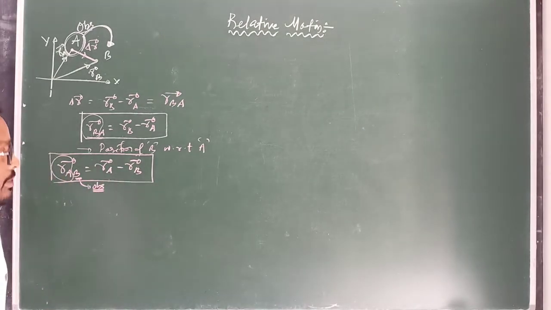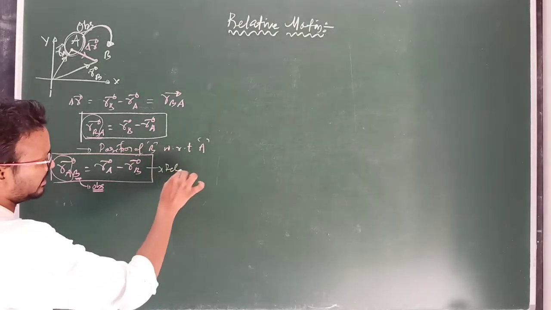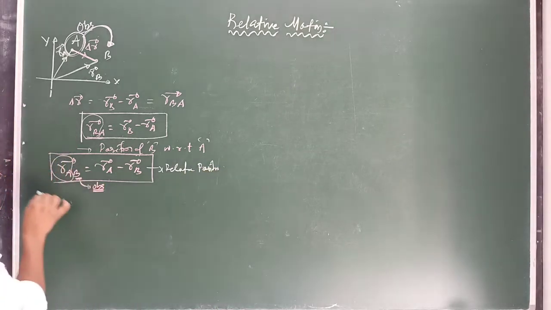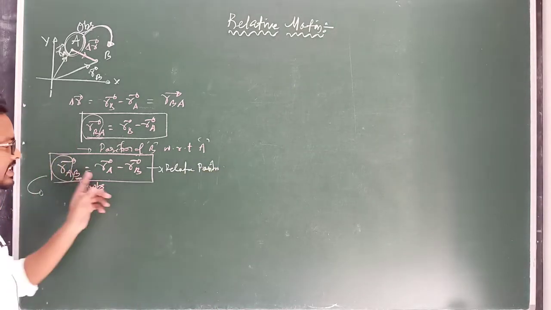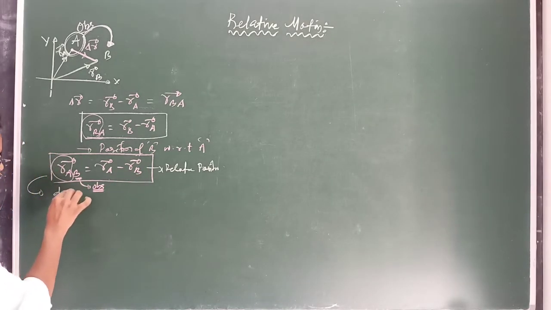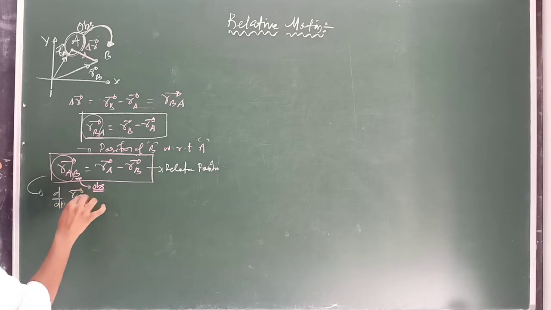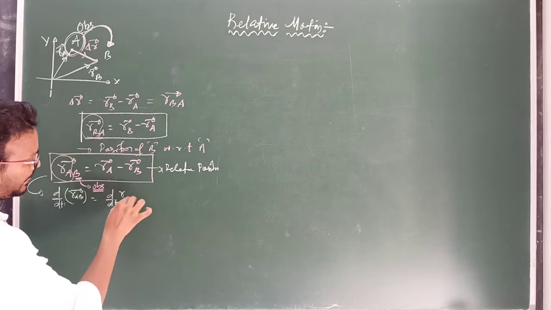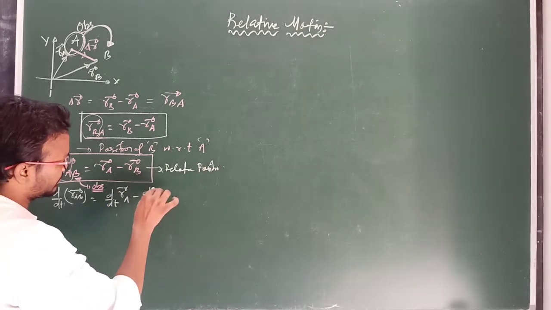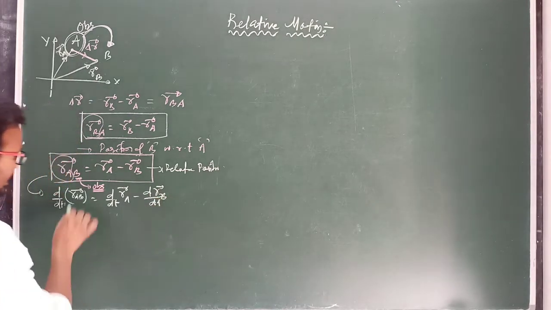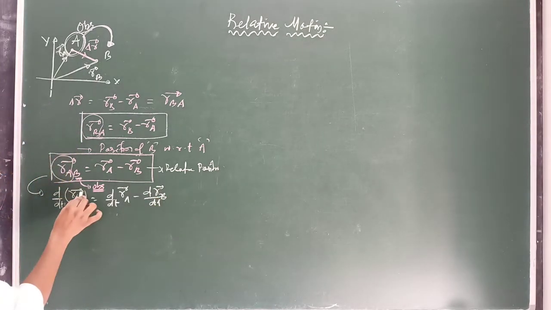Now if you want to find relative velocity, then this is relative position. So relative velocity, how can we find? If we differentiate this relation with respect to time, then we can write d by dt of RAB equals d by dt of RA vector minus d RB by dt, and this is known as velocity, the rate of change of displacement with respect to time.